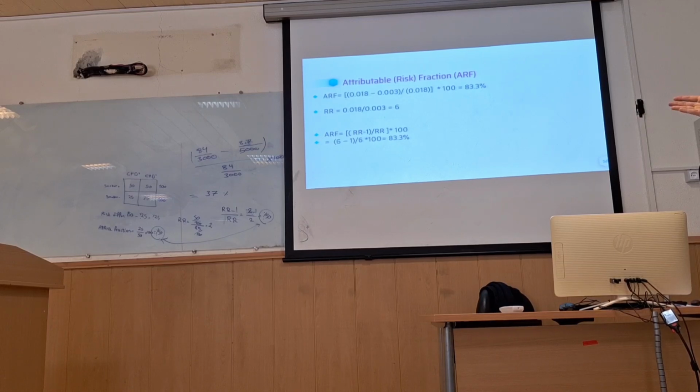In this example, 50% of all CHD cases in a smoker group are because of being a smoker. It means if you eliminate smoking in this scenario, you can decrease the incidence of CHD by 50%.